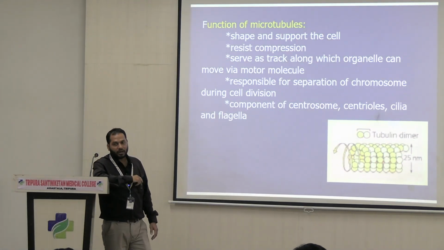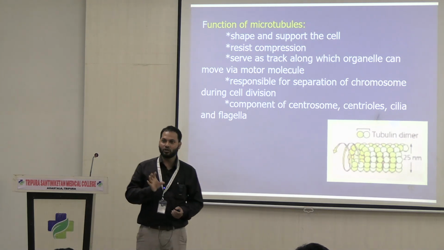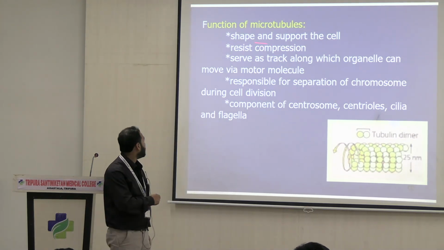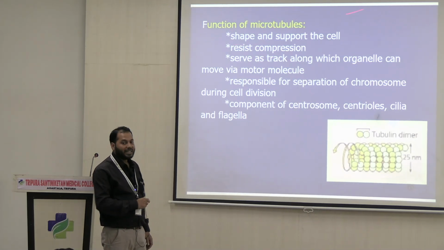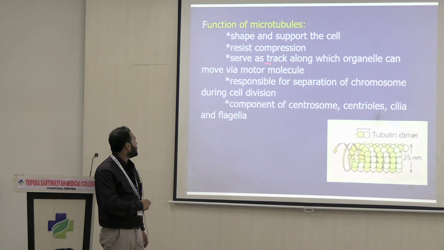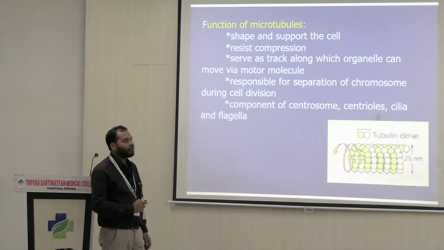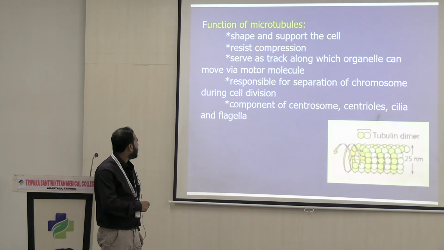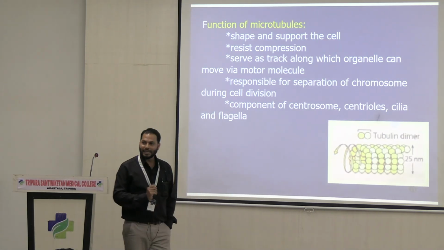So in general, now we can summarize the main functional features of the microtubule. It gives proper shape and support to the cell. It resists compression. It serves as a track along which organelles can move via the motor molecules. It is responsible for the separation of chromosomes during cell division.